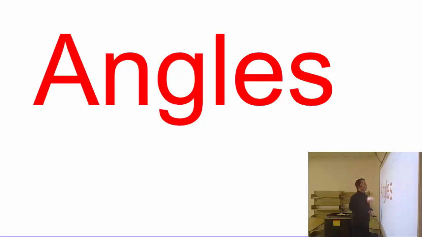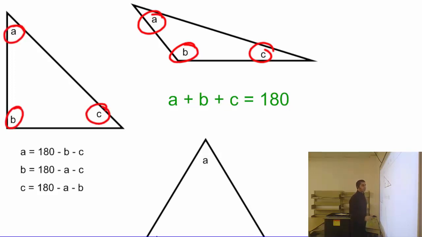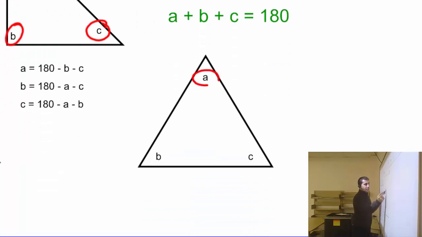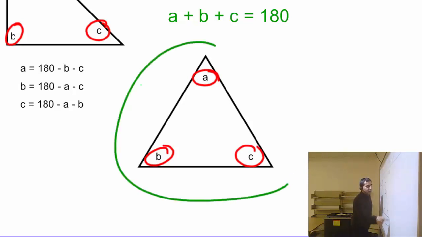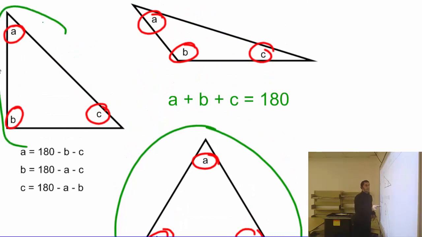And now, the first rule you need to know that most of you already know. When you add the inside three angles together, A, B, C, it doesn't matter the shape of the triangle. This triangle is acute. That triangle is a right triangle.